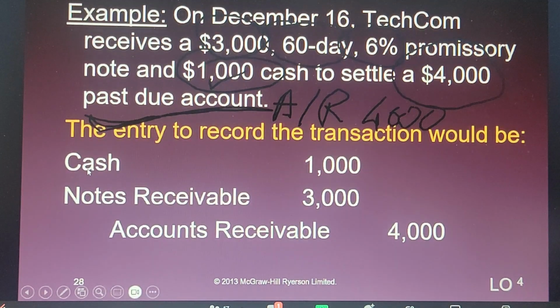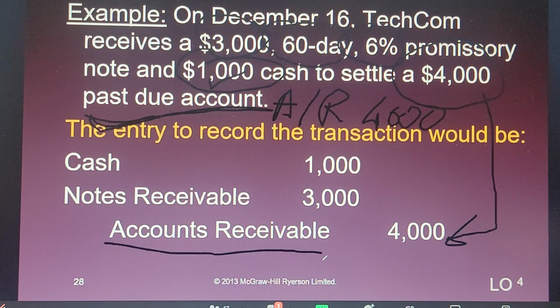Okay, so I received cash. They're giving me the cash now, and they are giving me a note receivable of 3,000 in return of what? How much they owed me in general, the accounts receivable. So basically it was accounts receivable 4,000, sales 4,000.